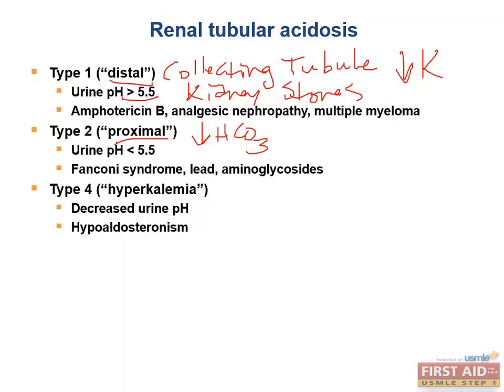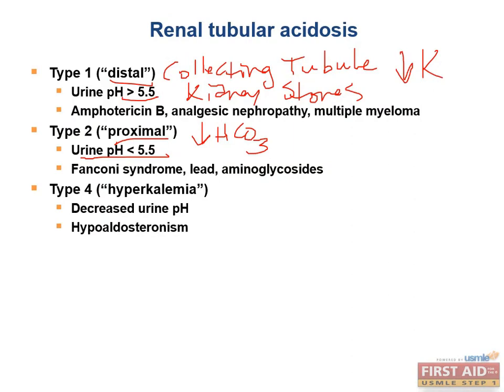However, the ability of the alpha intercalated cells in the collecting tubule to secrete hydrogen ions is still intact. They're still functioning. So this results in decreased pH of the urine as the body tries to compensate for the acidemia. So it compensates by increasing the excretion of hydrogen ions in the collecting tubule.